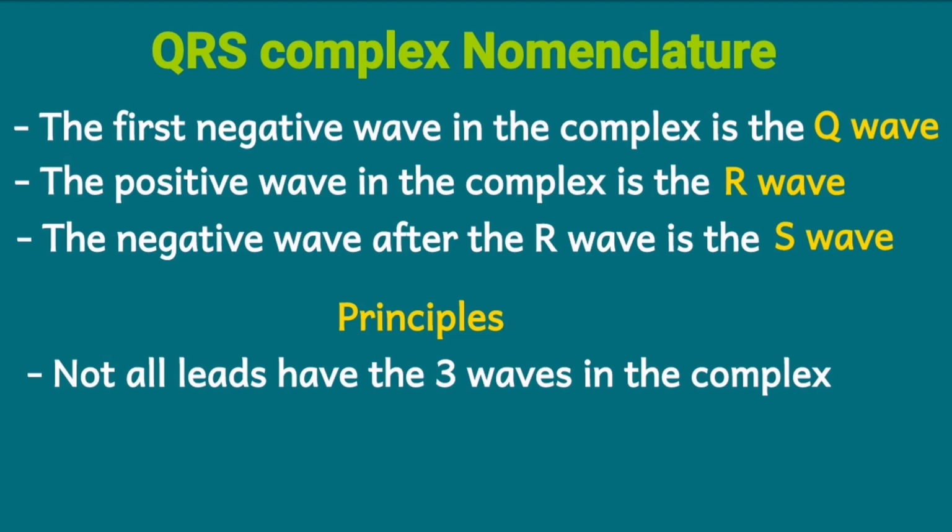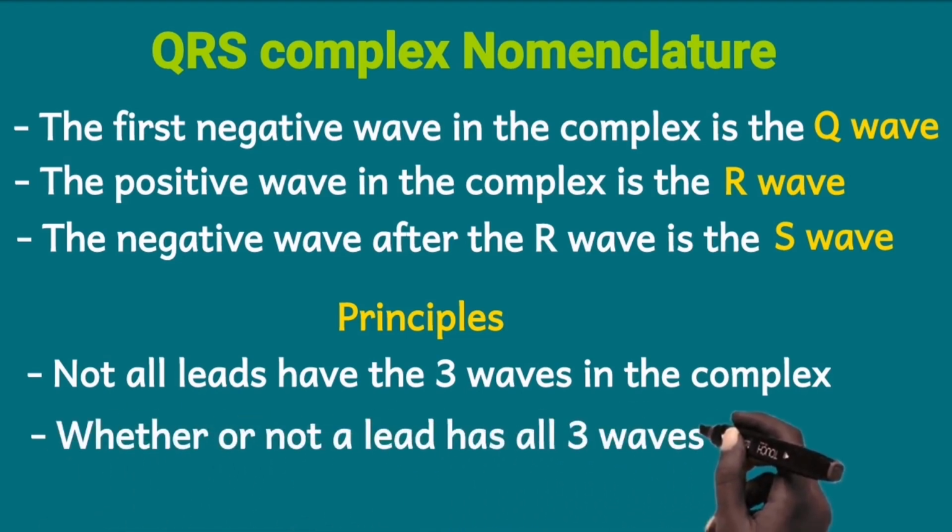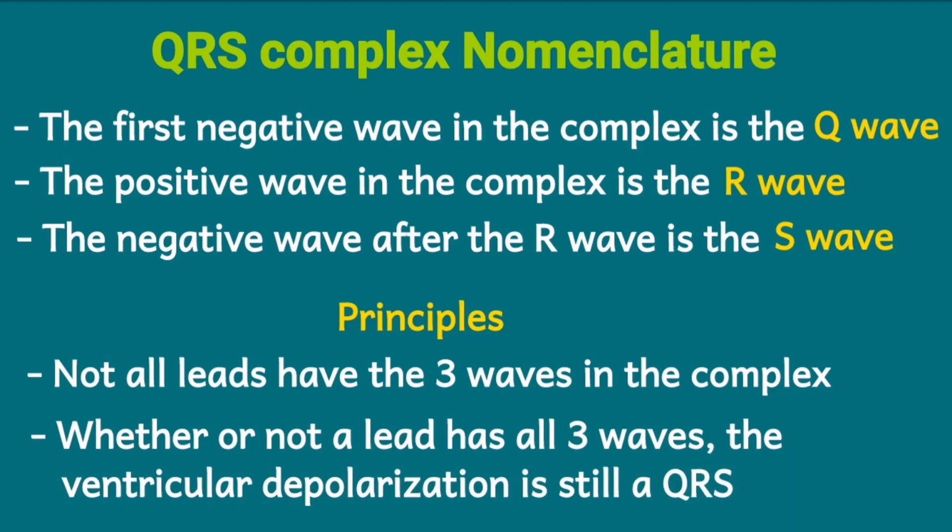The other principle is that whether or not a lead has a complex which has all the three waves, the ventricular depolarization is still regarded as a QRS complex. What this means is that there can be a complex with only Q and R waves, but conventionally, we will still call it a QRS complex, although technically it is a QR wave.